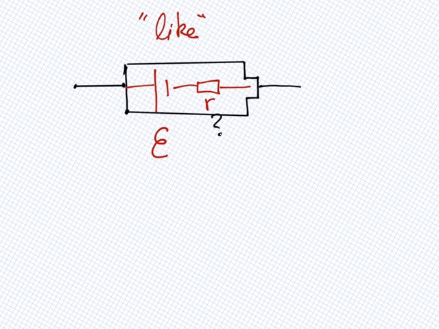Like we were saying, it's not really inside the battery. It's just an imagined resistor because it's kind of like the battery's inefficiency. Because the resistor isn't really there, there's no way to measure it directly. We can't cut the battery open and take it out and measure it. So we have to have some kind of experiment to measure what is called the internal resistance.